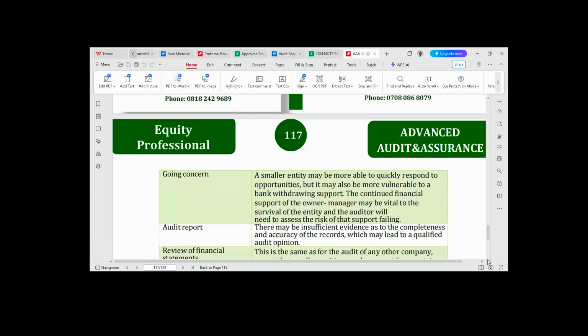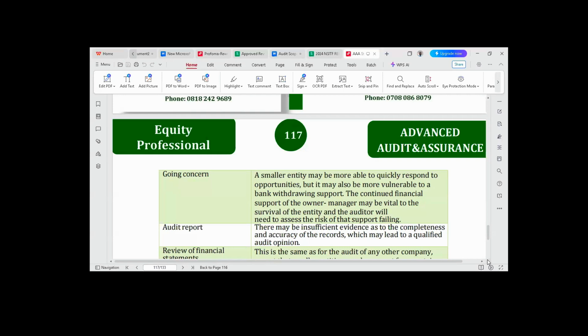Because the owners of the business are always looking for opportunities to expand, and sometimes they might not have done their due diligence before embarking on such a mission, which at the end of the day would affect the survival or continuity of that business. So the auditor must always check the going concern of the business by sitting with management, trying to understand what projects they are embarking upon, as a way of ensuring that this company can continue for the next 12 months.